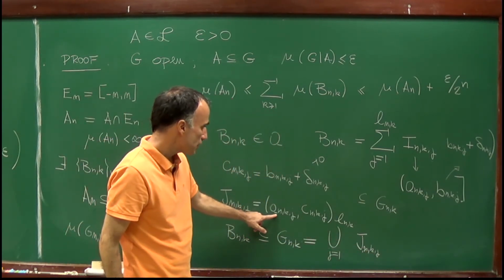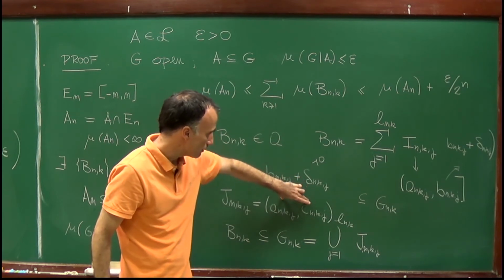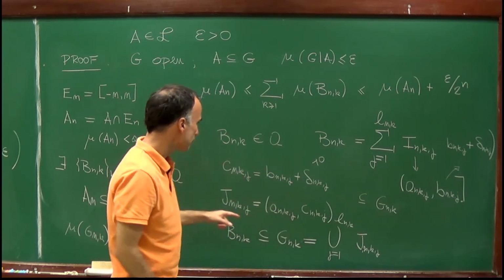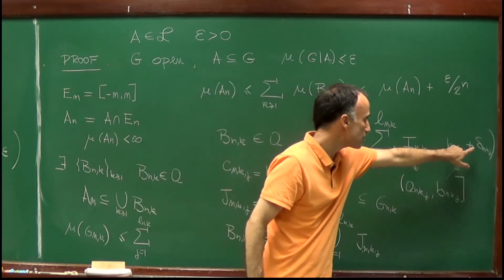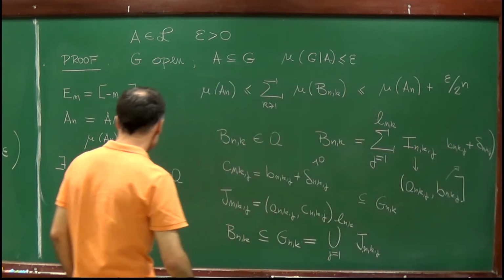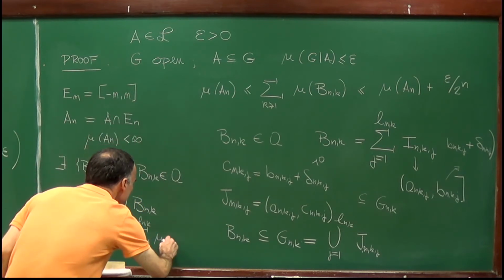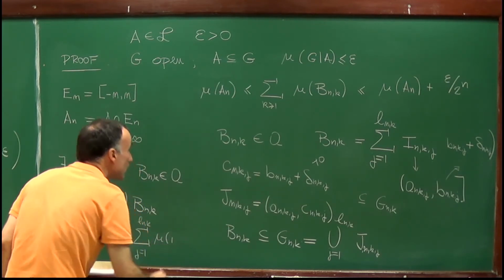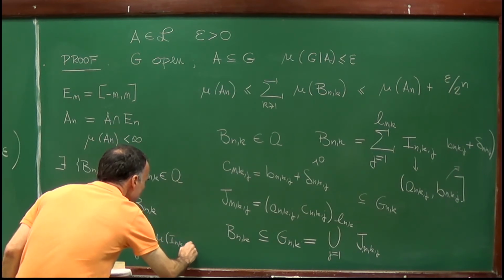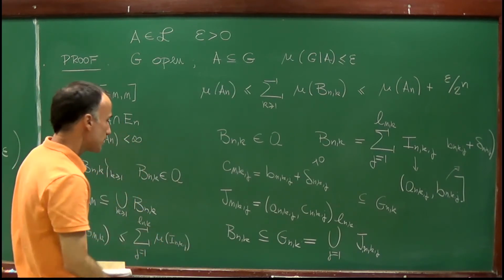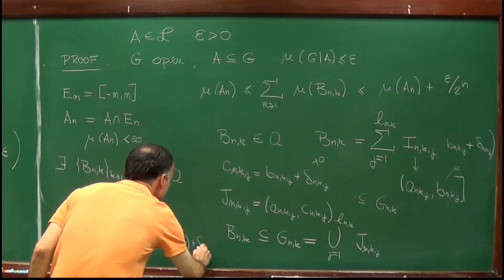The measure of G_{n,k,j} is the measure of this interval, which is exactly the measure of I_{n,k,j} plus delta_{n,k,j}. So this is less than the measure of I_{n,k,j} plus delta_{n,k,j}.